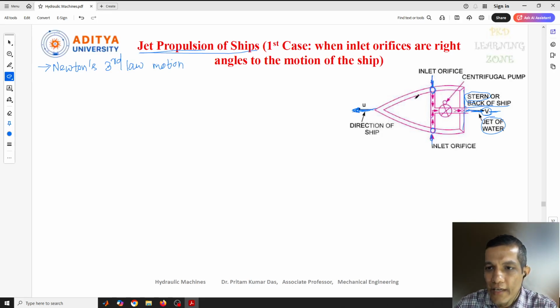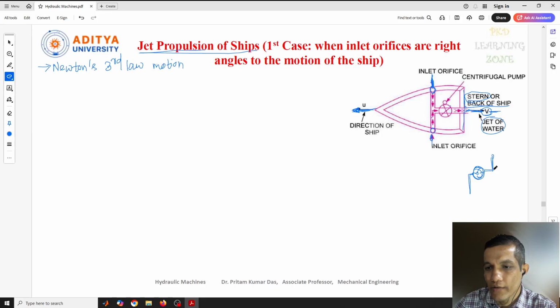And in this ship, the water is coming in through this inlet, and there is a centrifugal pump fitted here. So how this orifice takes water: the centrifugal pump, we know, has vanes or blades inside the pump, and this is the suction part and this is the delivery part.